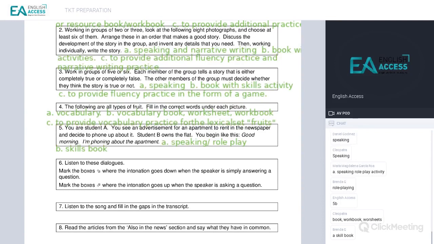Now, it can be from a book, it can be from a worksheet as well.